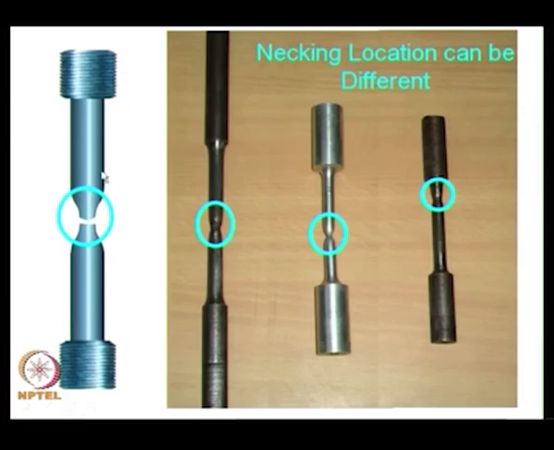So, you find it is exactly at the center in the case of a simulated test specimen. On the other hand, it is more or less at the center in this specimen, it is slightly off, whereas this is very close to the grips.